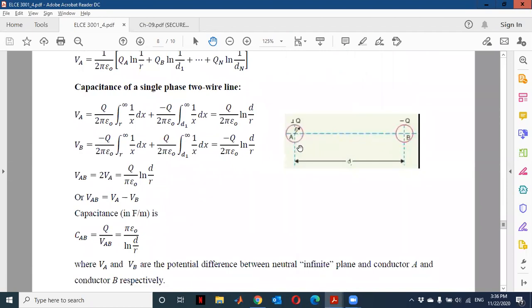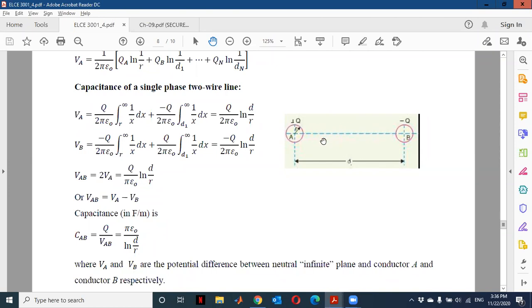Again, the diameter of each conductor equals the diameter of the other one, with a distance between conductor A and B that we call D. So here we will have a capacitance, measured in farad per meter because we have a distance here.